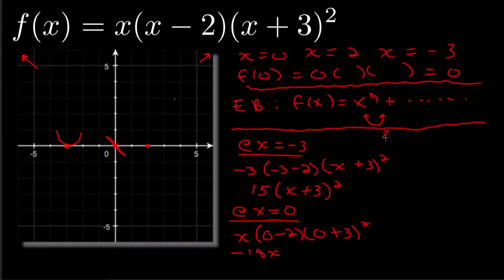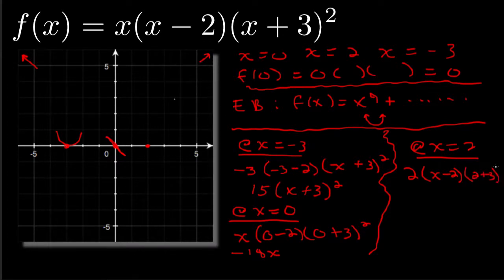And then the last term at x equals 2, plug in everywhere except the term that would give me 0, x minus 2, I'm not going to plug in there, and 2 plus 3 squared. 5 squared is 25, 25 times 2 is 50, I've got 50 times x minus 2, 50x minus 100, again linear shape with a positive slope, so at 2, linear shape, positive slope.